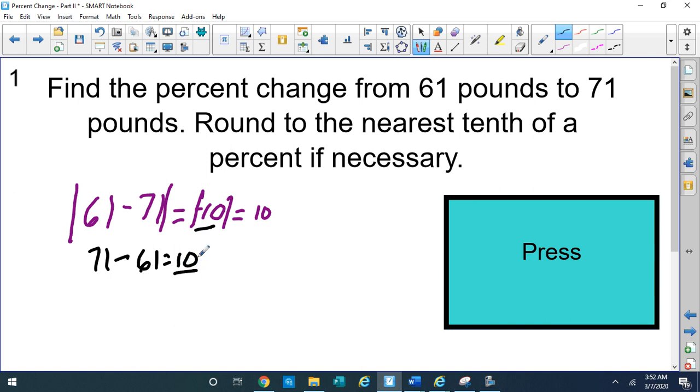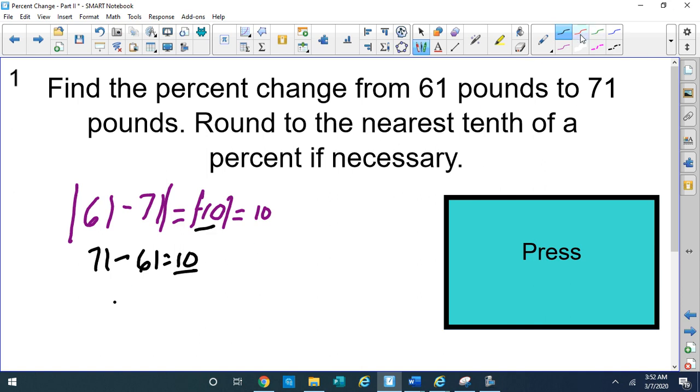And we know the answer always has to be positive because it's absolute value. So I'll use the bigger number minus the smaller number to get the positive value. I know the first number in my fraction is going to be 10.